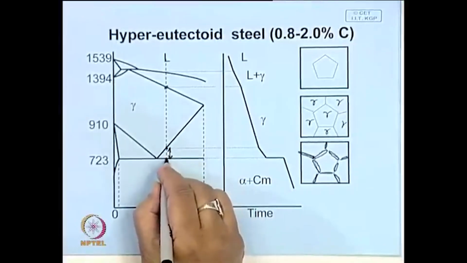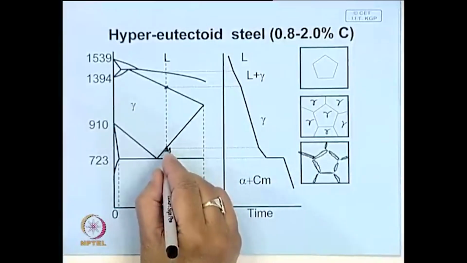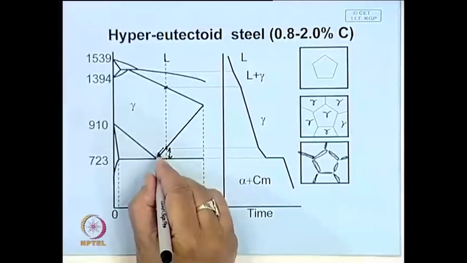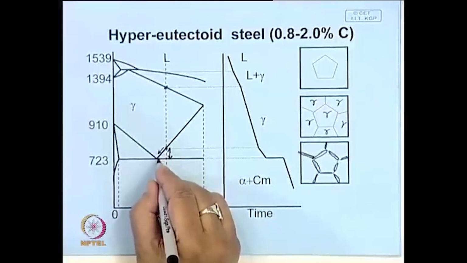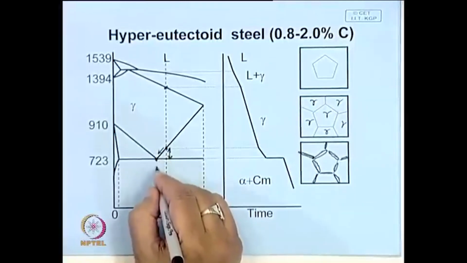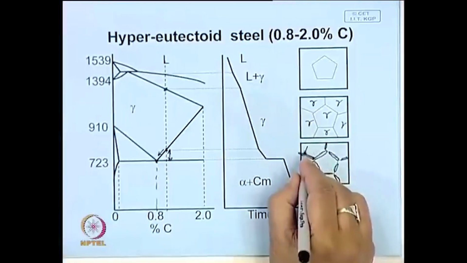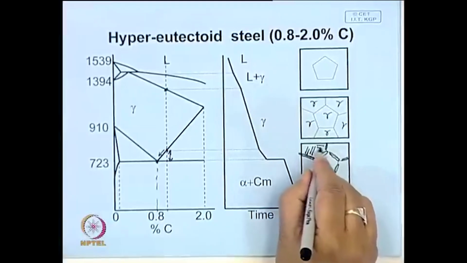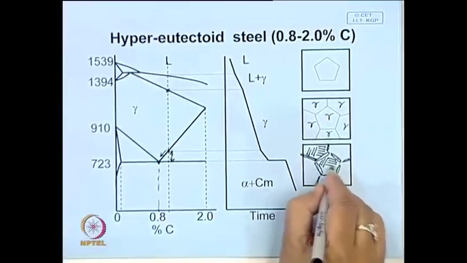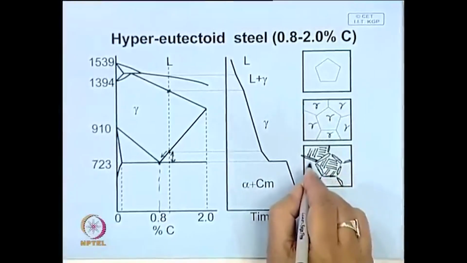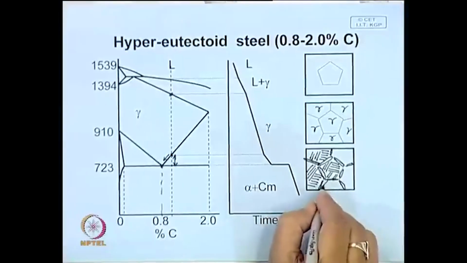Once the eutectoid temperature is reached, because as the temperature goes down the composition of austenite changes along this line, austenite becomes less rich in carbon, and ultimately when it reaches this point, 0.8%, both cementite and ferrite start precipitating out simultaneously, and you have pearlite formation in this zone. So, you will have this kind of structure, a network, with a pearlitic region.